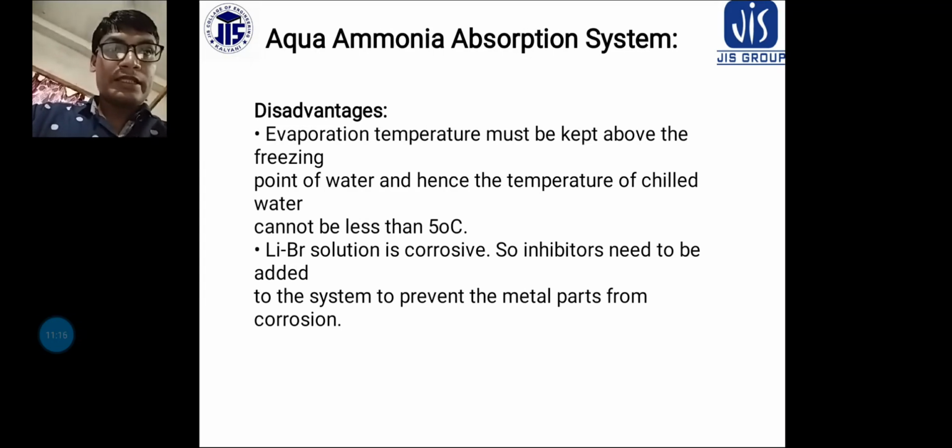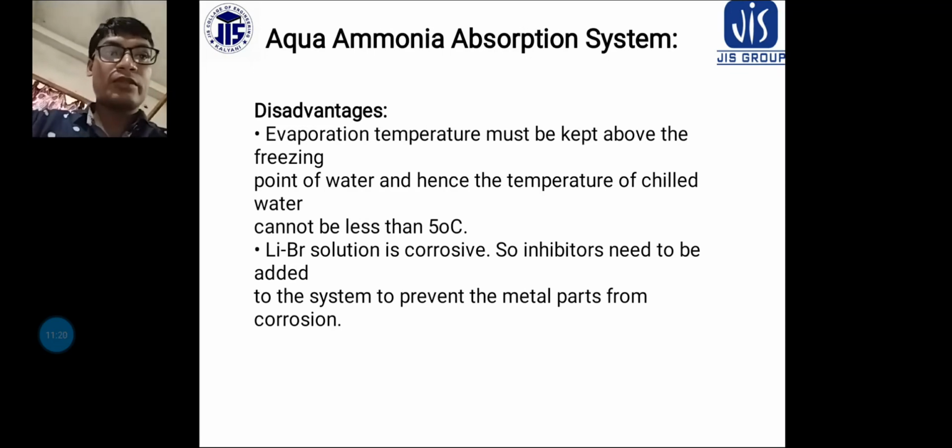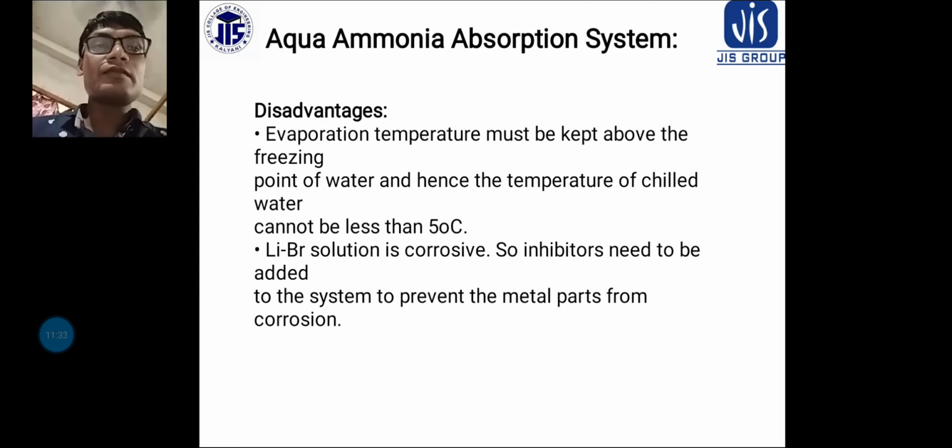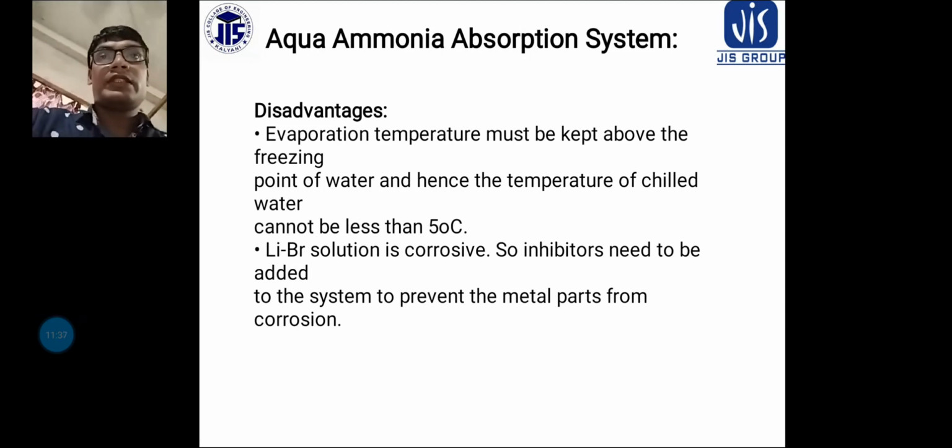It should be taken above the freezing point of water, and hence we cannot bring the temperature of chilled water below 5 degrees centigrade. So this is one disadvantage, one demerit you can say.